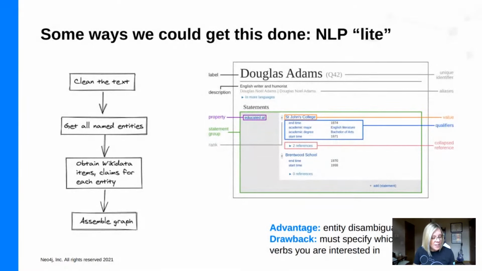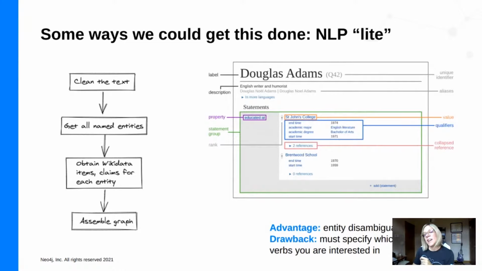And then I have these things called P codes, or properties, that you see in purple there. So I see that this property is educated at. Okay, this is starting to give us some hints here. And then I've got these qualifiers, or the values. Sorry, I want to go with the values here, the orange thing. So educated at St. John's College.